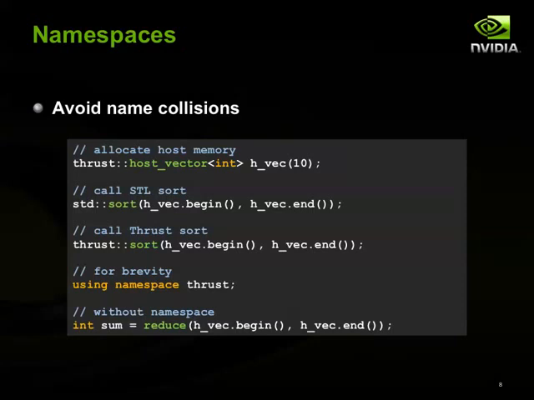So you can still call the STL sort on a host vector if you want. Thrust sort also works on that. And if you get tired of typing thrust or std a bunch, and all you're using is Thrust, then you can use this kind of command, and then you don't have to say thrust anymore. You'll just call the algorithm name. So it's very nice because you don't have to worry anymore about integrating 2 big libraries and worrying about name collisions. You just use the namespaces to control that.